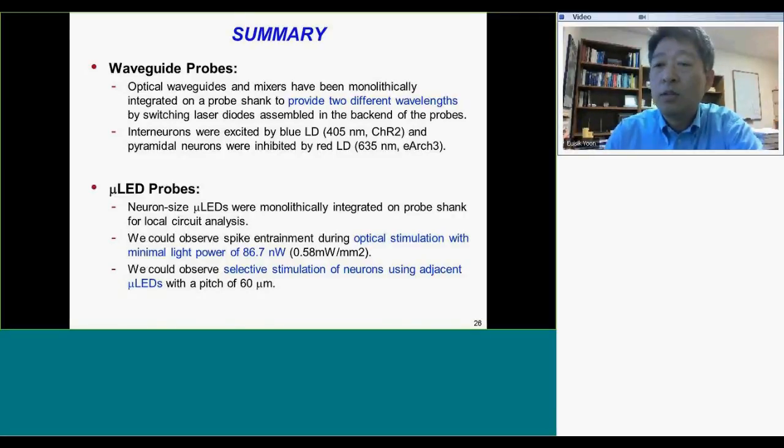We also did a simulation, for which we submitted a paper, of the alignment tolerance of the GRIN lens versus butt coupling. We have a reasonably good tolerance level with the GRIN, because the position of the LED and misalignment of the GRIN doesn't really matter: the GRIN allows us to put the light onto the center and it comes out from the other end. Okay.